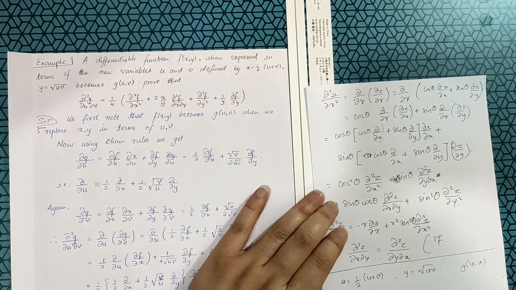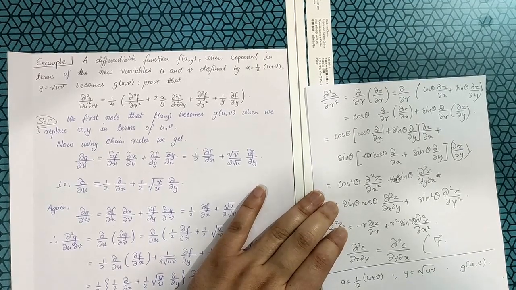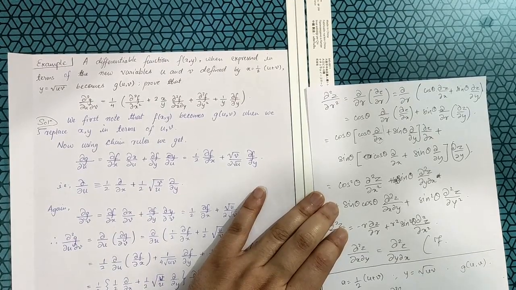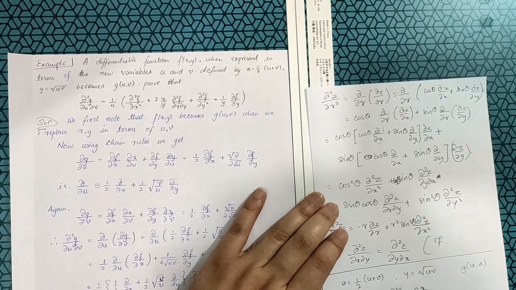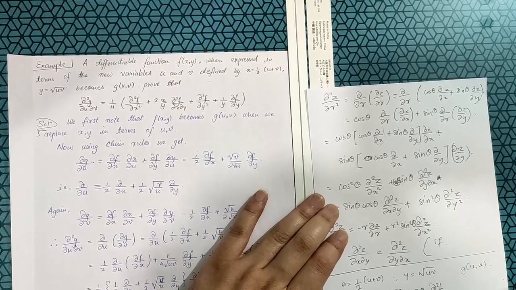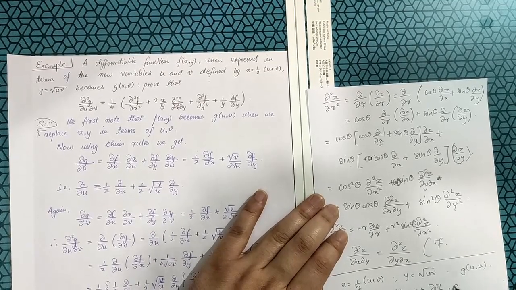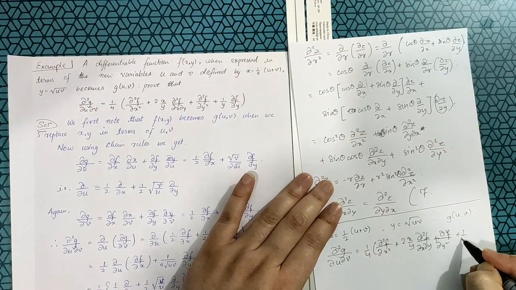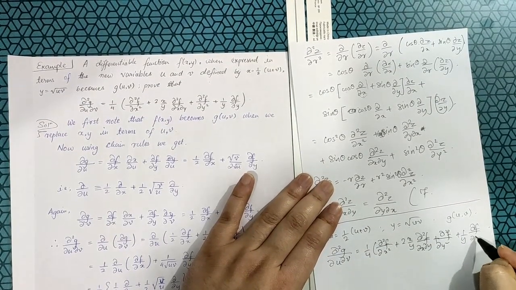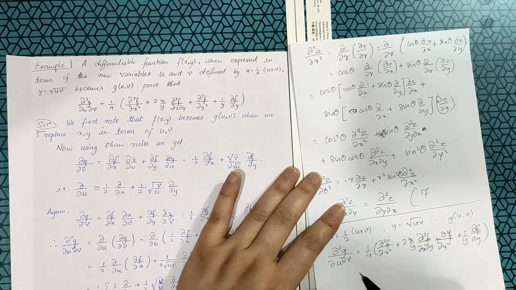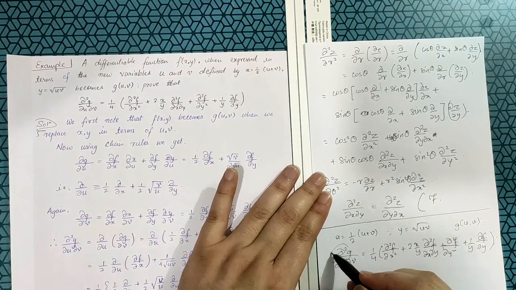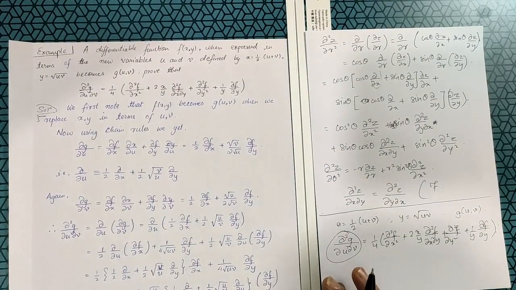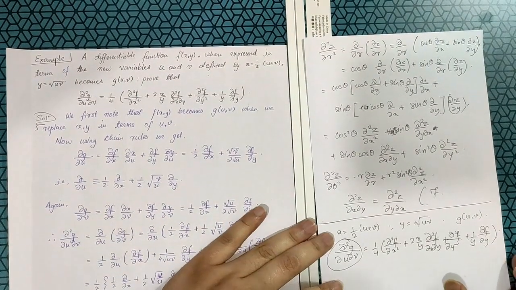Prove that ∂²g/∂u∂v is equal to 1/4 (∂²f/∂x² + 2x/y ∂²f/∂x∂y + ∂²f/∂y²) + 1/y ∂f/∂y. So we need to show this. For this we need to find ∂²g/∂u∂v. So let's try.